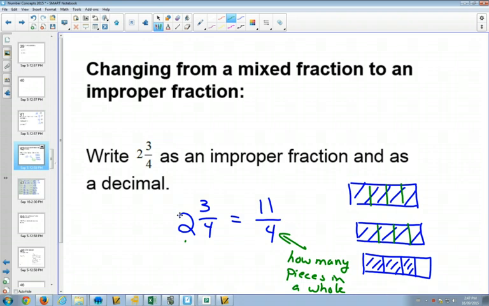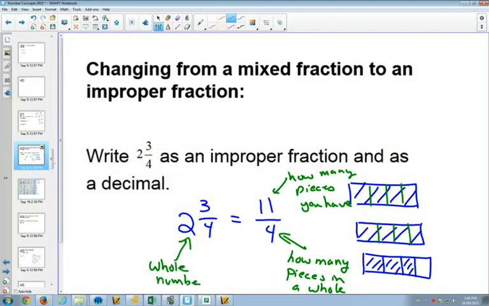And in an improper fraction, the 11 is like how many pieces you have. So when we have 11/4, we're imagining that it takes 4 pieces to make up a whole one, and we have 11 pieces in total. Well, if we put those together, our mixed fraction tells us the 2 is our whole number, and that tells us we have 2 whole chocolate bars.